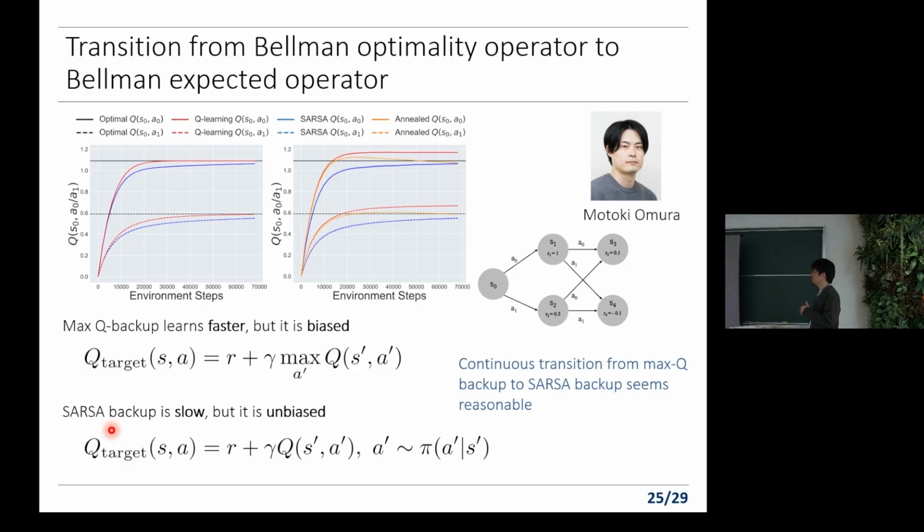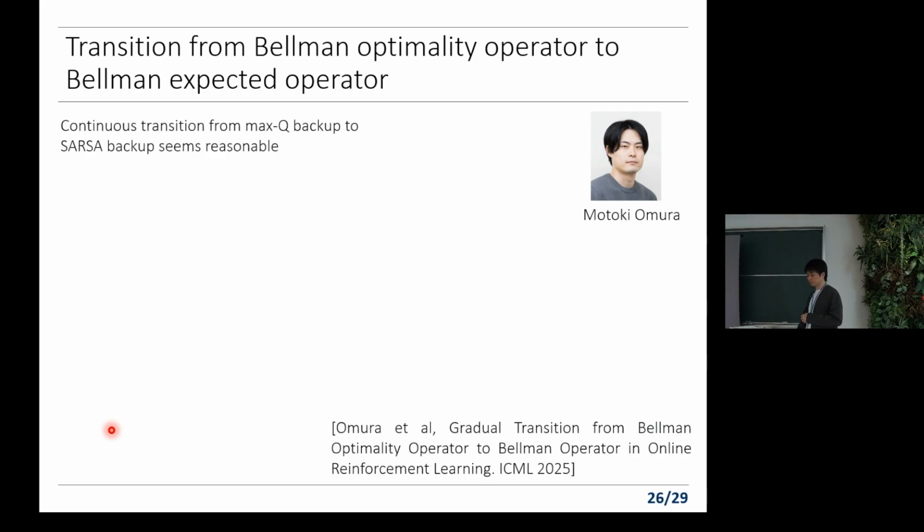So we thought about a continuous transition from the max Q backup to the SARSA backup, and we expected that this transition would make the training more sample efficient. The question is how to achieve the gradual transition.